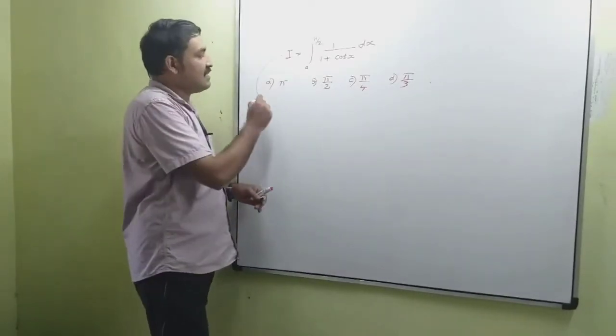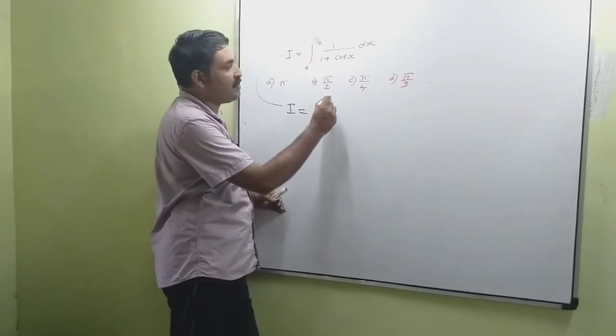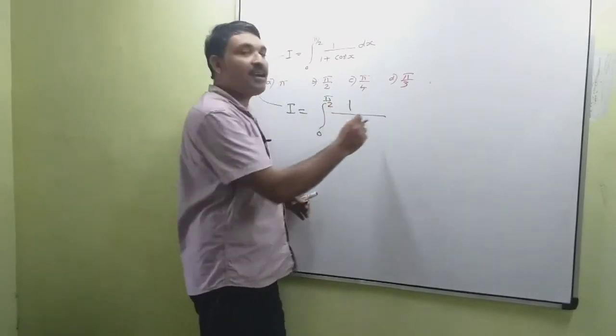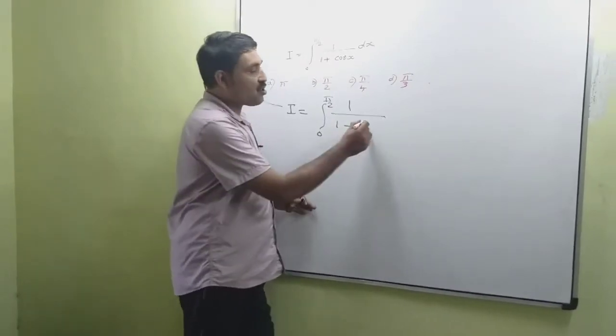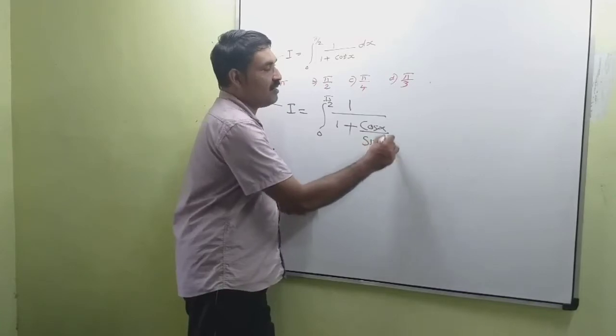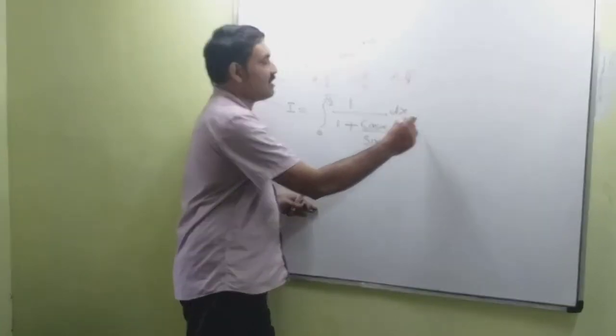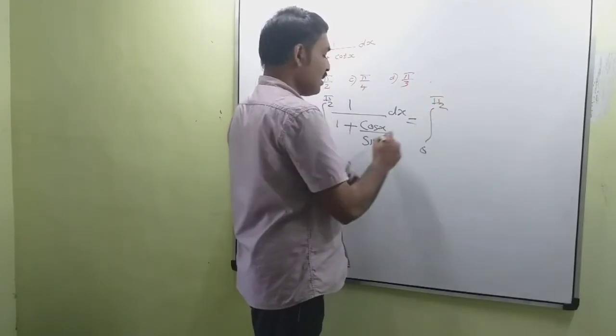We can write I is equal to integral 0 to pi by 2 of 1 divided by 1 plus, I can write cot x as cos x divided by sin x, dx. This is equal to integral 0 to pi by 2. Take the LCM.